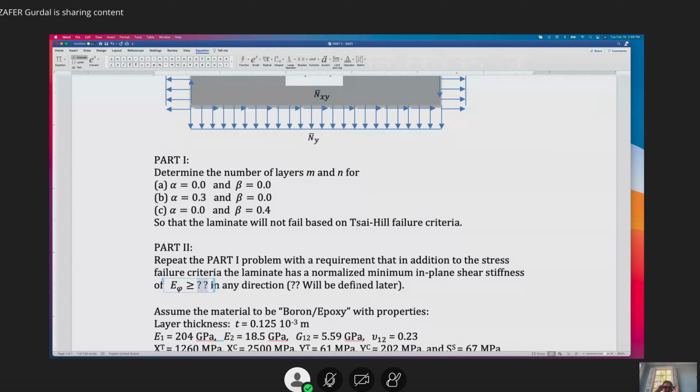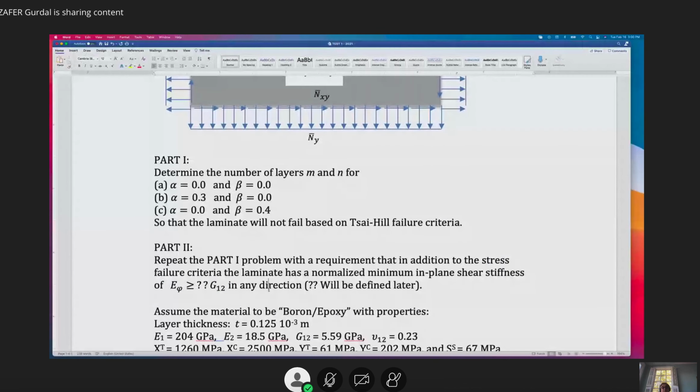But I don't know if the question mark will be 1 times G12, or I can also put a different factor times G12, where G12 is 5.59 gigapascals.